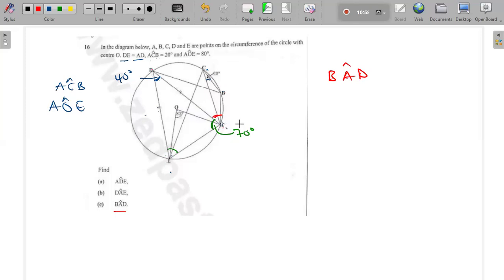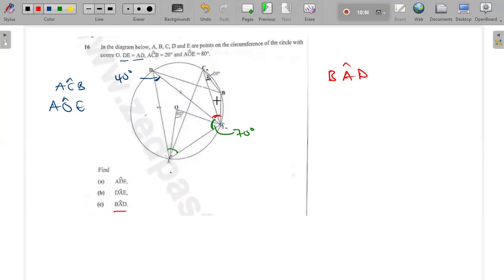So how are we going to define that angle? Okay, so we can find this angle here, that part there in red, since they're asking for BAD.